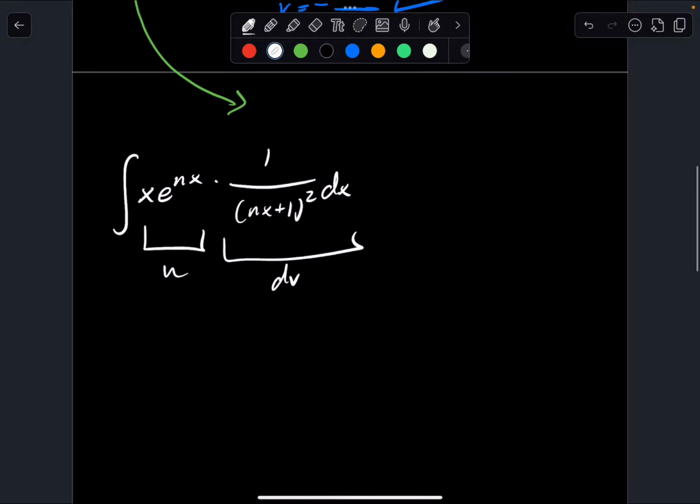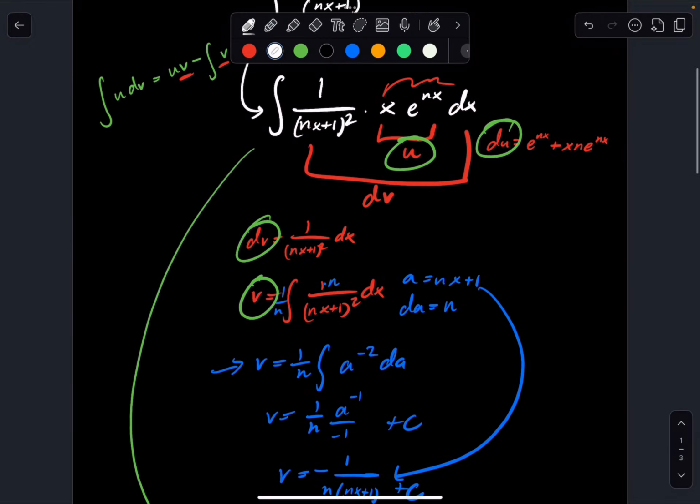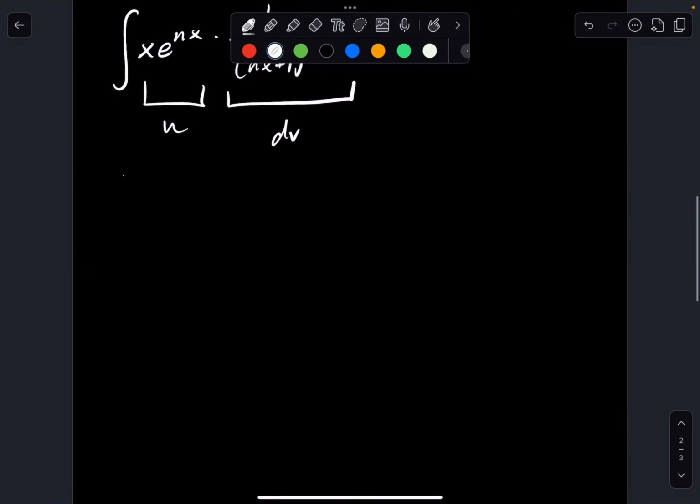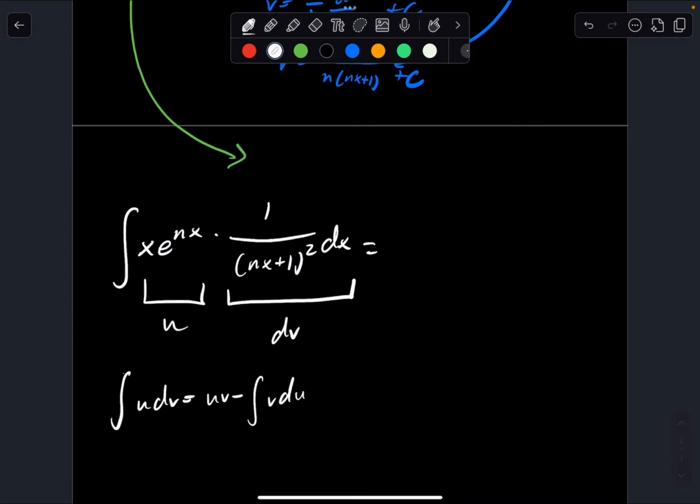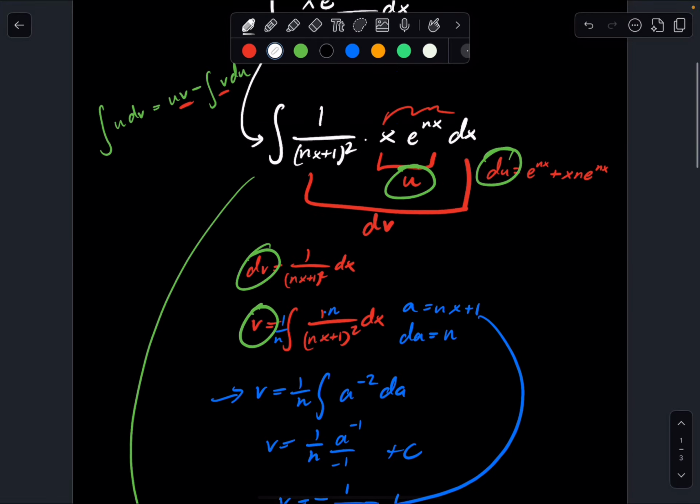Okay, so moving forward, according to the formula, the integral of u dv is equal to uv minus integral of v du. So let's write it out. U is equal to x e to the nx. V is equal to what? Our v variable, we just found it.